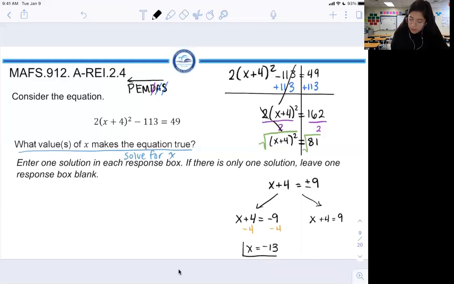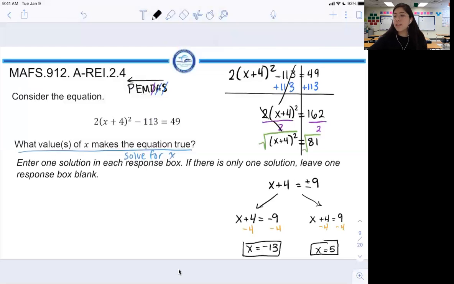And on my right side, 5. Awesome. Negative 13 and 5.